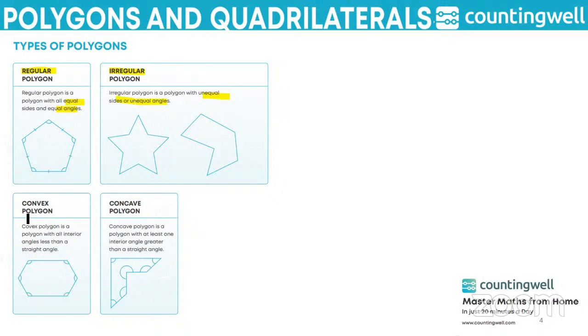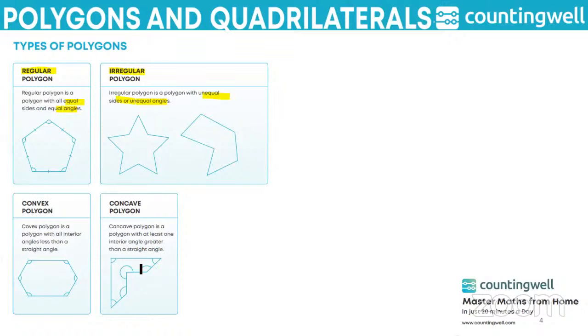Let us see what are convex polygons and concave polygons. A convex polygon has all the interior angles less than a straight angle. A straight angle is nothing but an angle having measure 180 degrees. Let us see what happens in case of a concave polygon. It is a polygon with at least one interior angle greater than a straight angle.